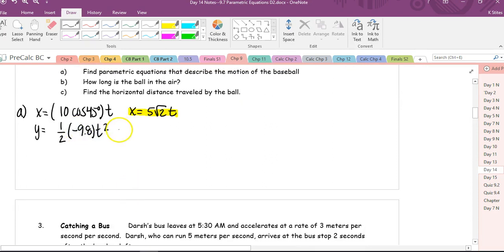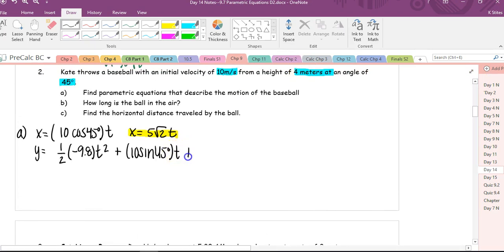So 1/2 at squared plus v sine theta times t plus the starting height, which was 4. So that's going to be negative 4.9 t squared plus 5 root 2 t plus 4.